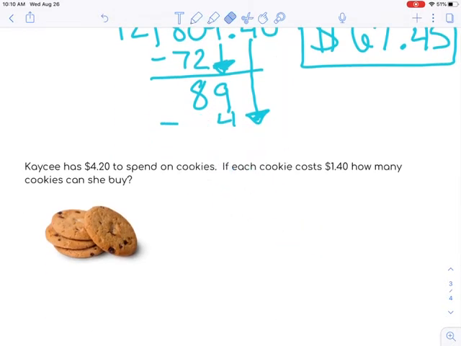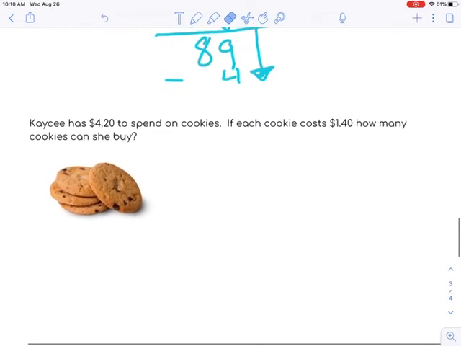I'm going to erase some of this so we can read my question. Casey has $4.20 to spend on cookies. If each cookie costs $1.40, how many cookies can she buy? So we have $4.20.